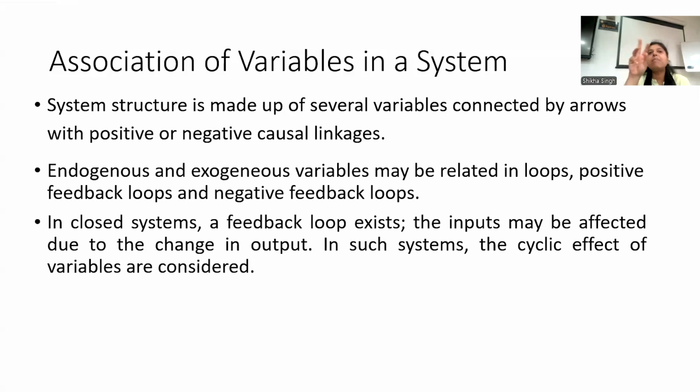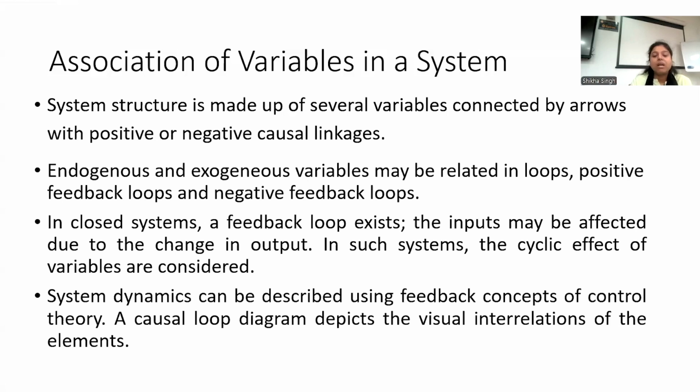So there is an interdependency, and this kind of cyclic effect will be considered in system dynamics modeling, right? Then the feedback concept originated from control theory. Again, there is a lot of mathematics behind these concepts, how exactly those parameters are related. So this is how a causal loop diagram depicts the visual interrelations of elements.